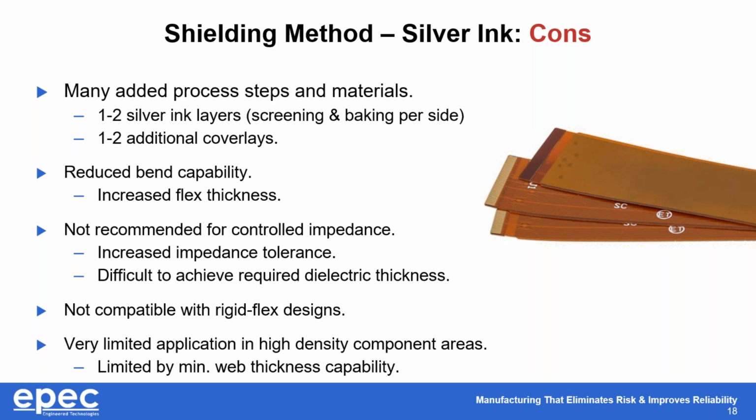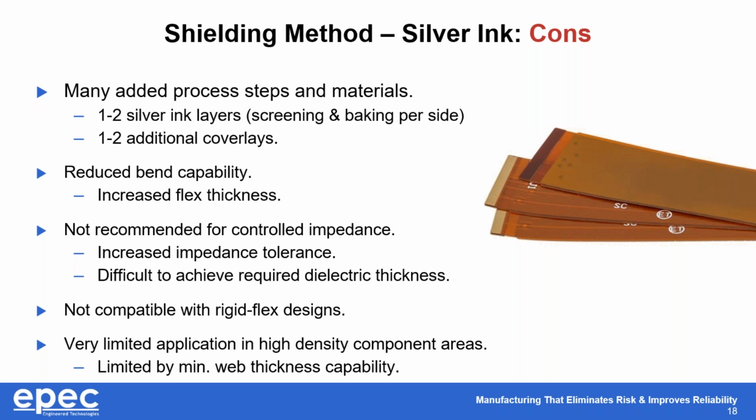And in some designs, it can be difficult to achieve the required dielectric thickness between the shield, which is now acting as a reference plane, and the underlying signals, because you're using coverlay materials now to try and achieve that thickness. You have to increase the thickness of the coverlays. Creates a deeper hole or well that the ink needs to extrude down into, which can, in some cases, compromise the interconnect.